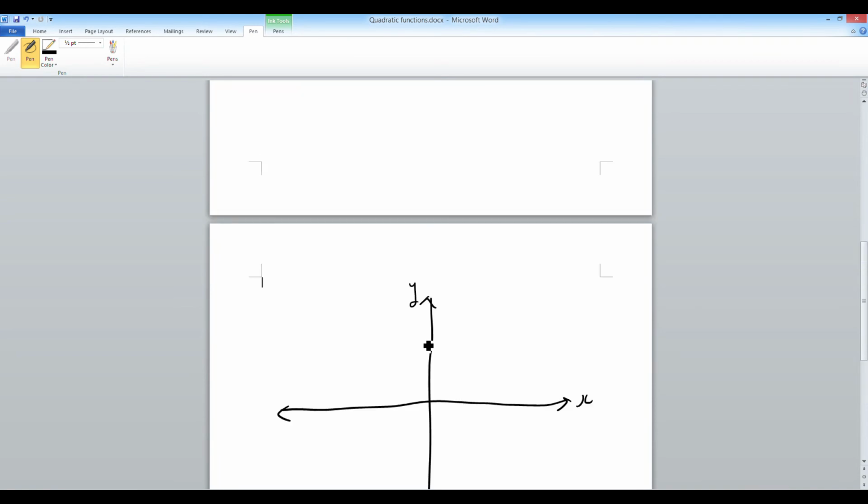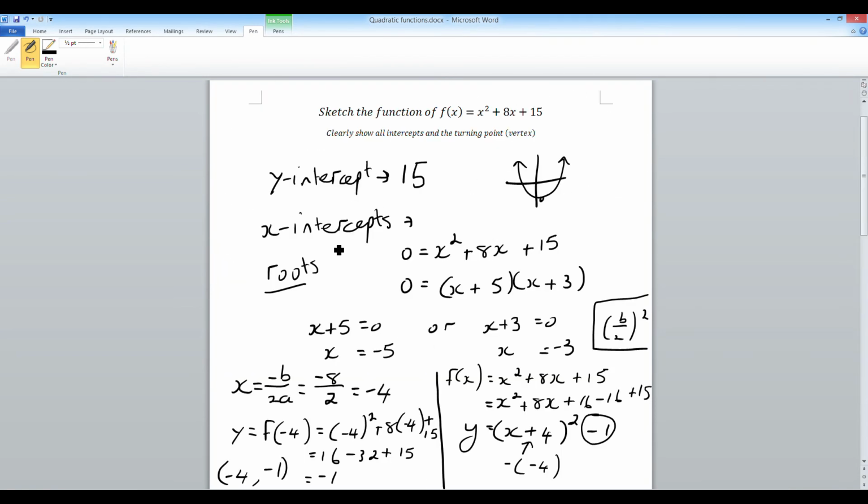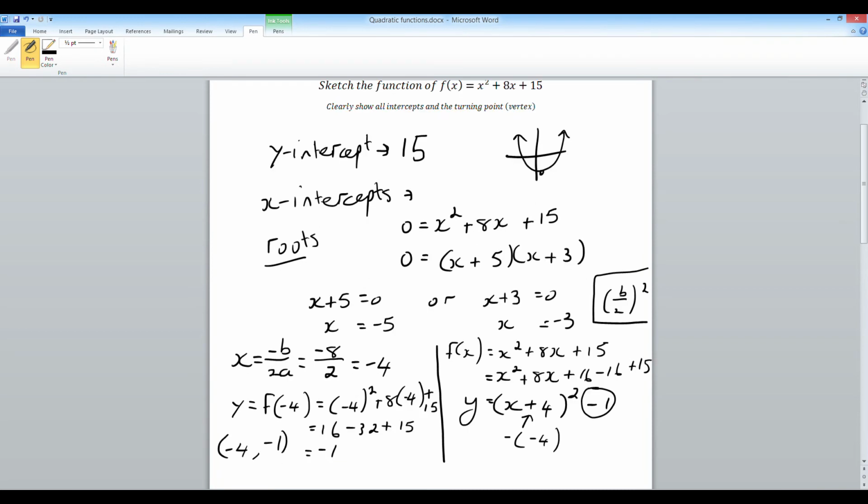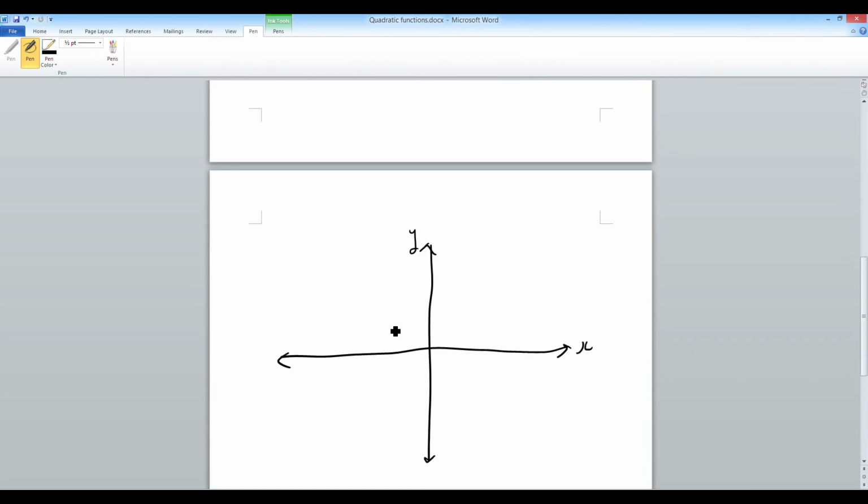Now, we have found that the roots, or the intercepts, are minus 5 and minus 3. So here, on the left-hand side, I'm going to have negative 3 and negative 5. That is going to be my intercept points for the x value.